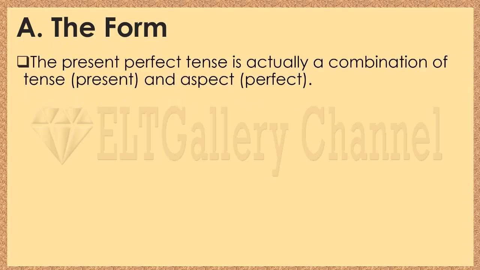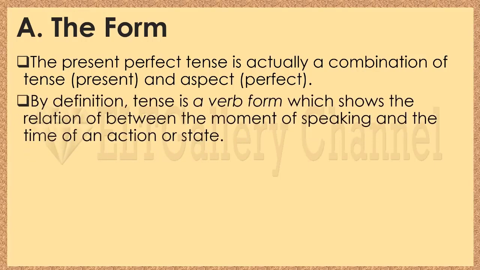The present perfect tense is actually a combination of tense, present, and aspect, perfect. So in fact, we don't have a specific tense of present perfect. This is a combination of tense and aspect. By definition, tense is a verb form which shows the relation between the moment of speaking and the time of an action or state.